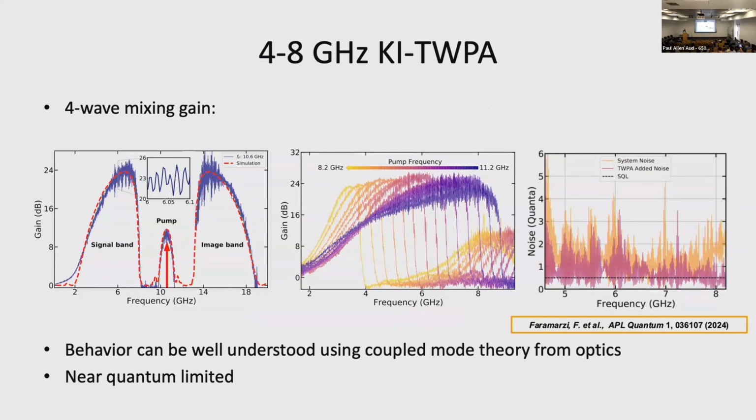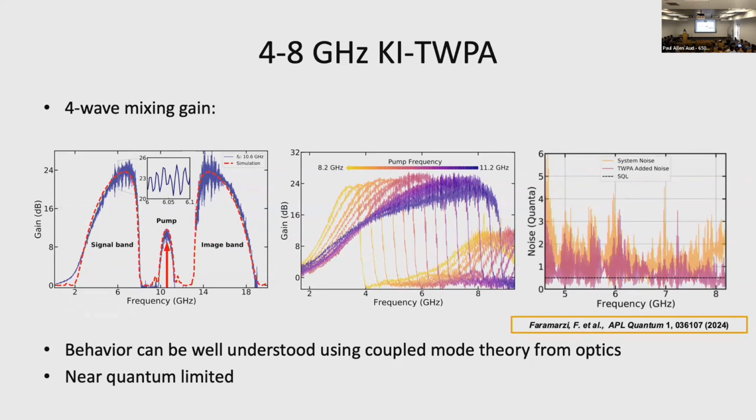When you put a signal into the lower frequency signal band, it is amplified and it also generates an output tone in the idler band. The center plot just shows that the bandwidth over which this device amplifies can be tuned quite a bit by adjusting the frequency of the pump.